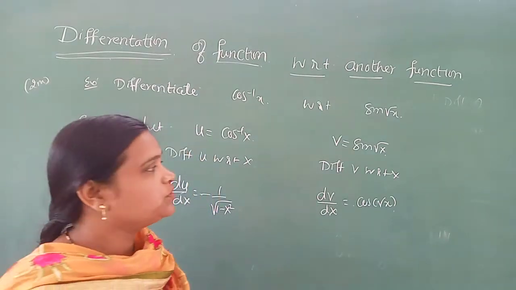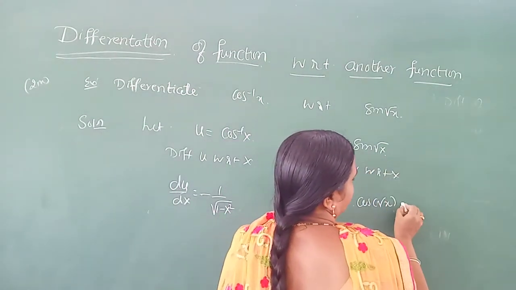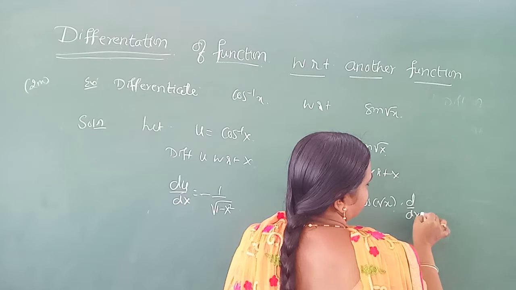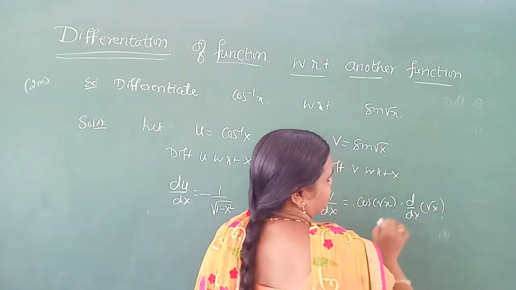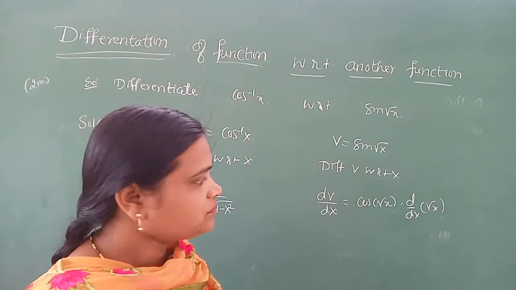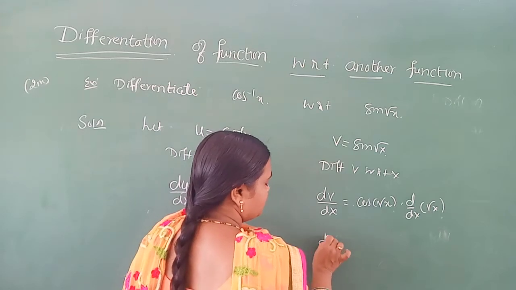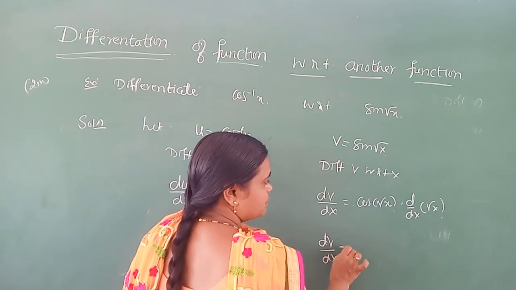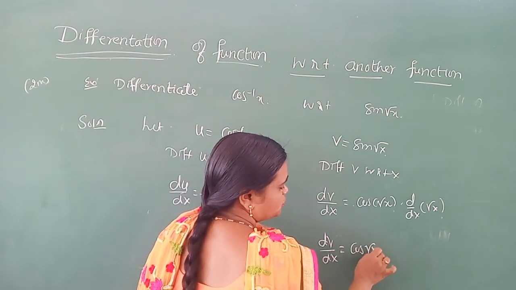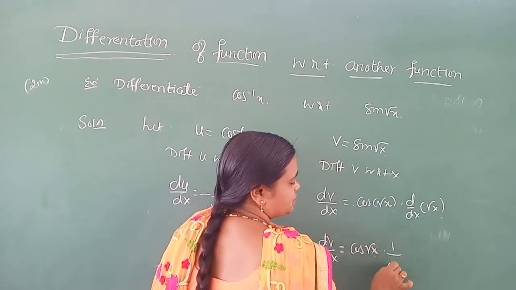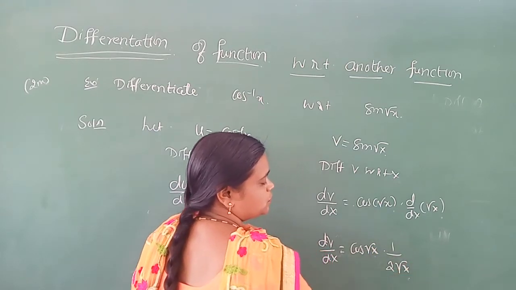But root x is also a variable. Therefore we are writing d by dx of root x. Function of function. Then we get dv by dx, which is cos root x, and we know the differentiation of root x is 1 by root x.